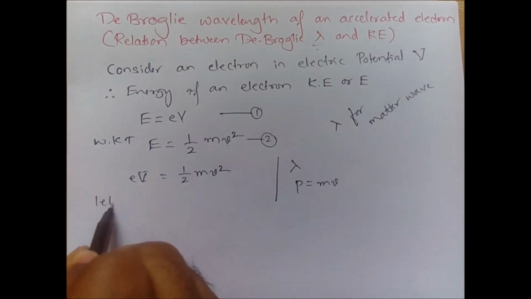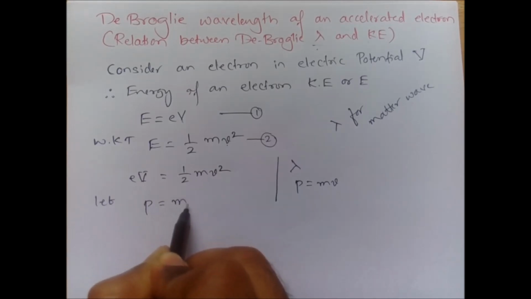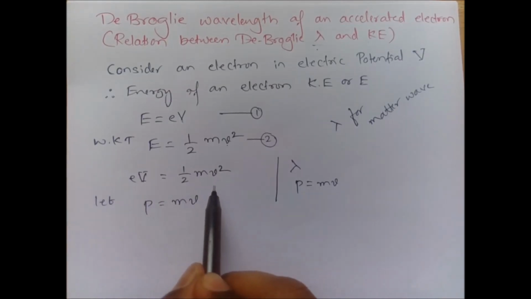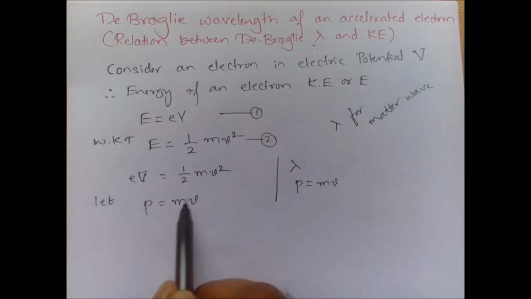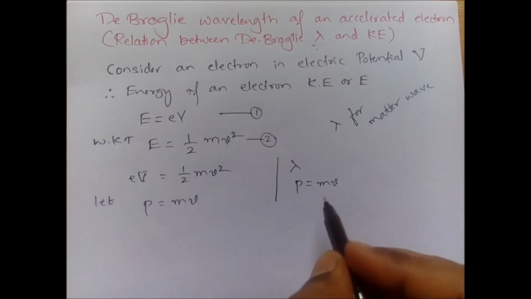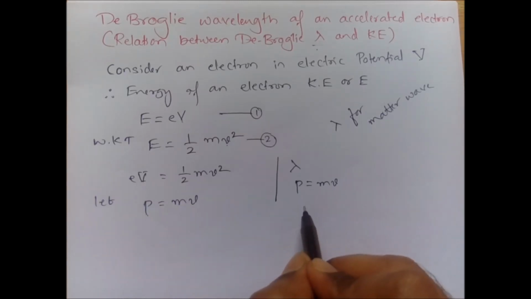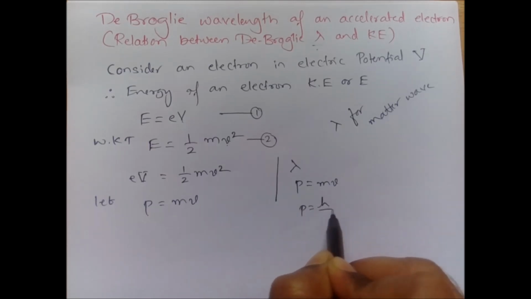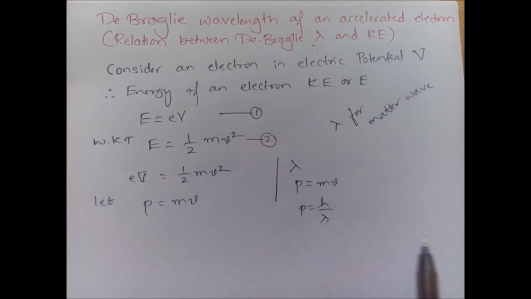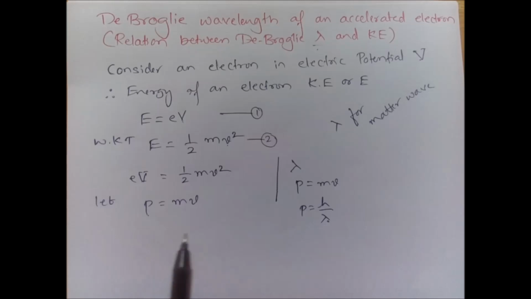We also know p is given as h divided by lambda. There is lambda here, so we have to bring this lambda into this equation, and we have to find out the de Broglie wavelength.